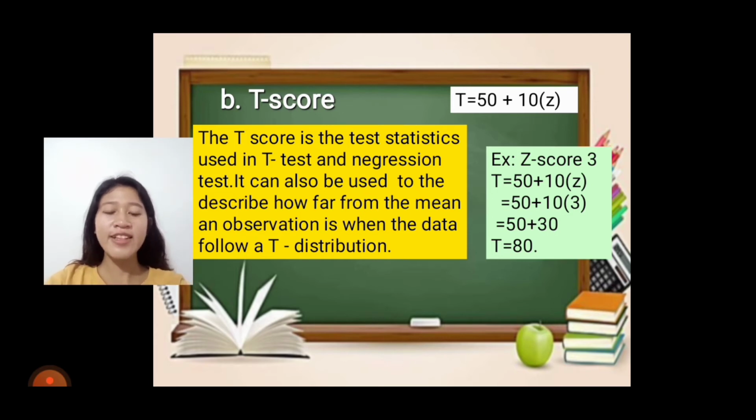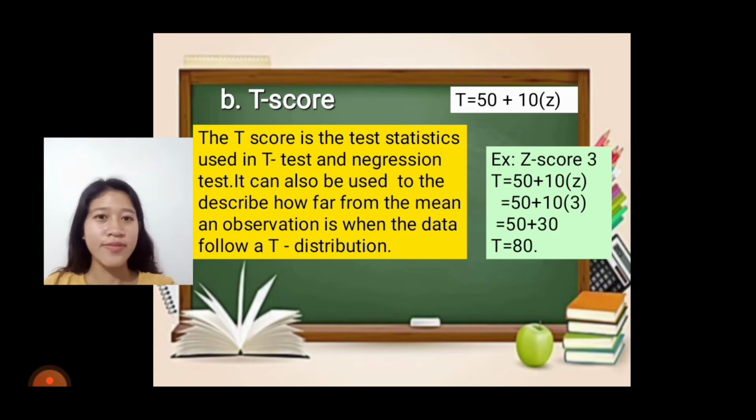In finding the t-score, the mean and the standard deviation are already given, and in converting a z-score into a t-score, the formula that we will use is t equals 50 plus 10 times z.